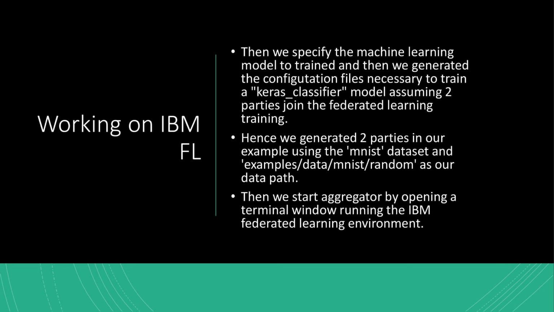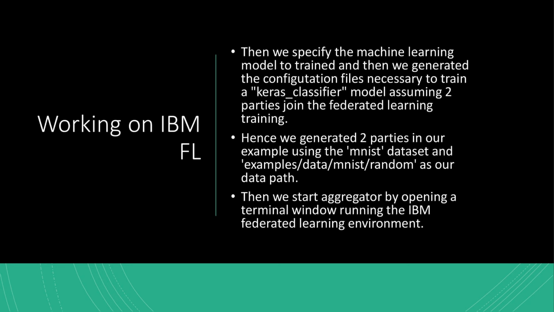Hence, we generated 2 parties in our example using the MNIST dataset and example/data/MNIST/random as our data path. So, the team made 2 parties inside the specified path named config party 0 and config party 1.